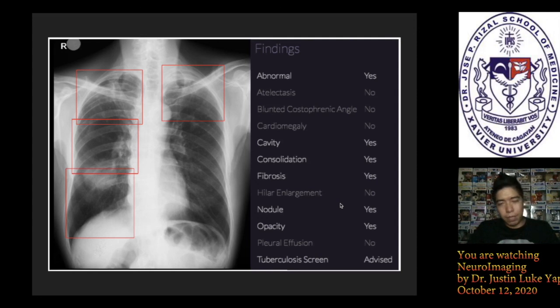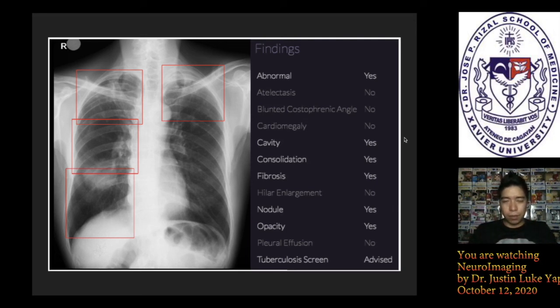So it's a very promising field, and I brought this up now because we're going to be talking about neuroimaging. As powerful as these AI software are, our brain is still the best computer.